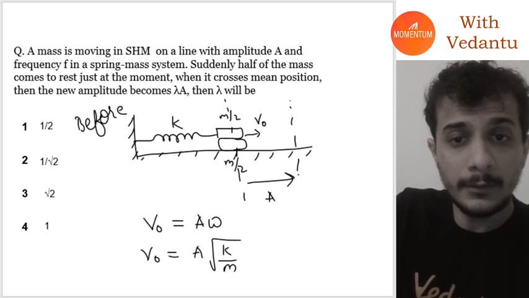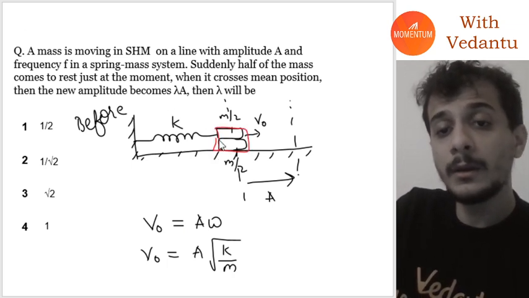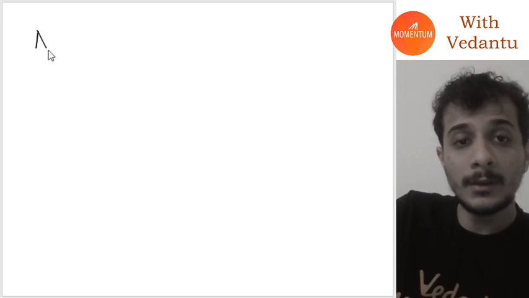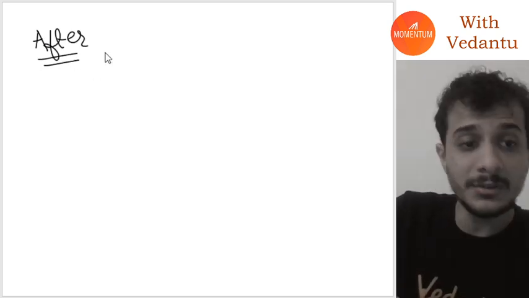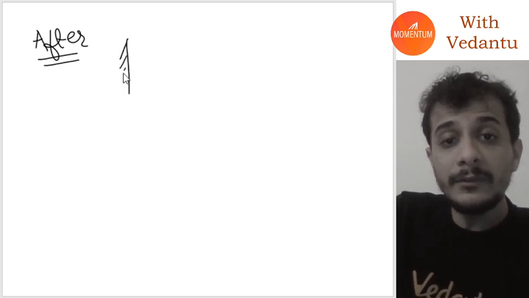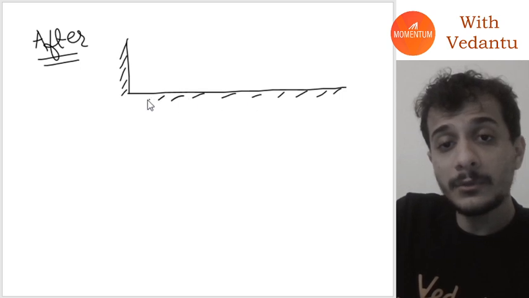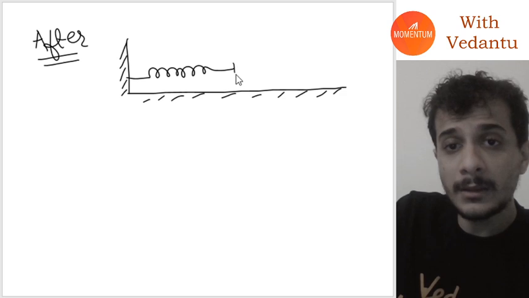Right now you have to understand, guys, that both the masses m by 2 and m by 2 are linked together, and they are moving together. Now suddenly half the mass stops, exactly at the mean position. So the spring constant is going to remain the same.